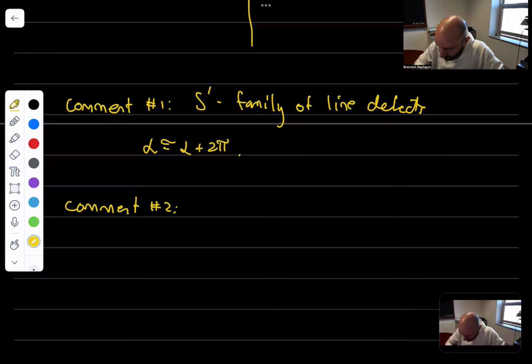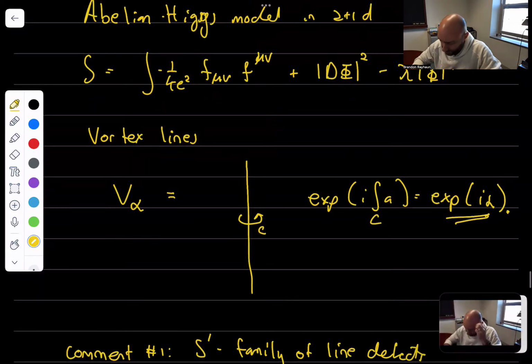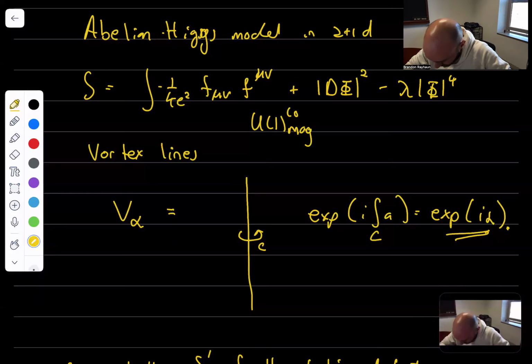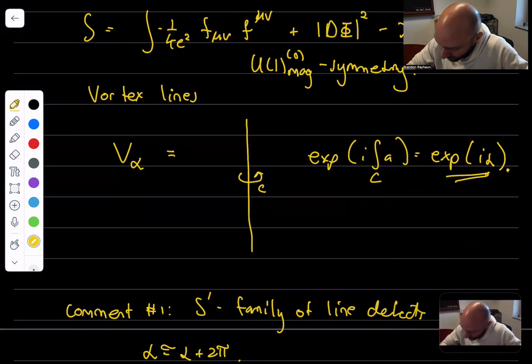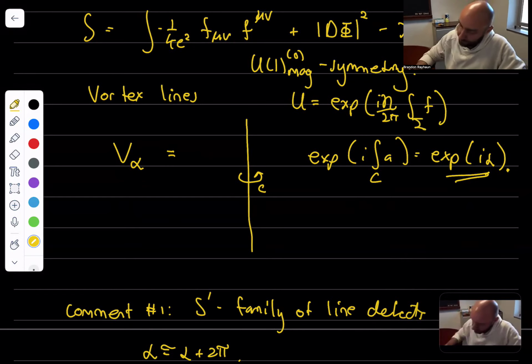Comment number two is that these line defects all preserve some of the global symmetry. So the abelian Higgs model in 2 plus 1D has in particular what's known as U1 magnetic zero form symmetry. If you'd like, the surface operator that implements the symmetry is just obtained by integrating the field strength F along the surface.